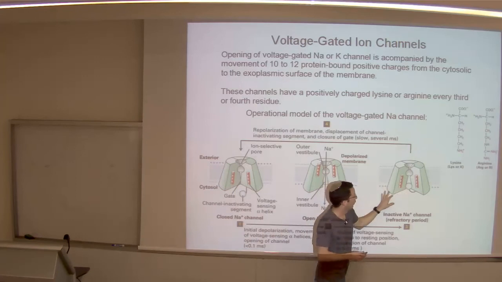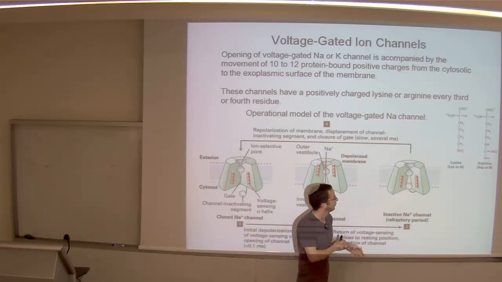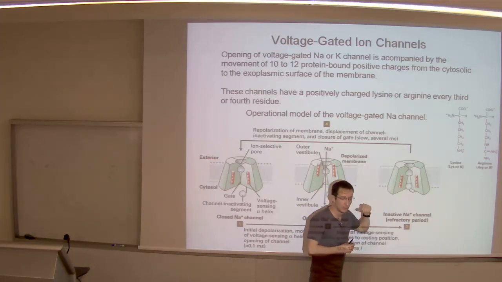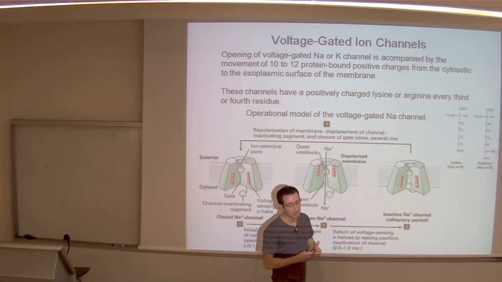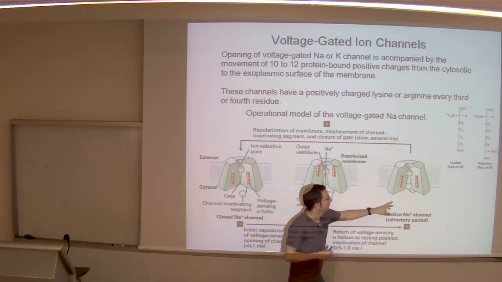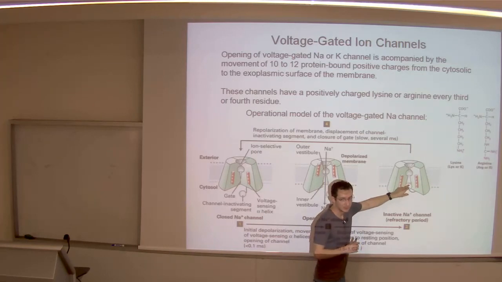This is the atomic explanation for what is called the refractory period, which is the minimal time period between two spikes or two action potentials. After the first action potential, the inactivation domain sticks right here.